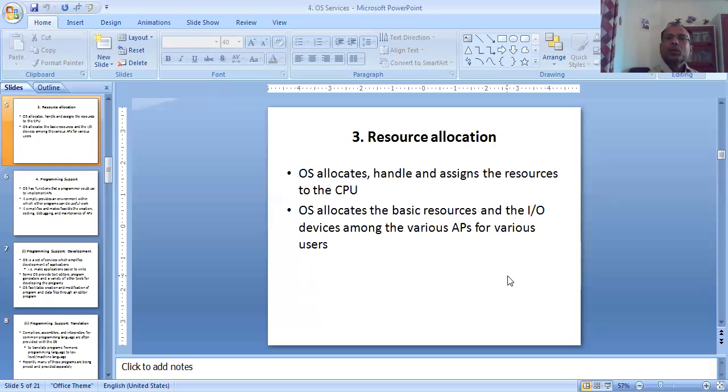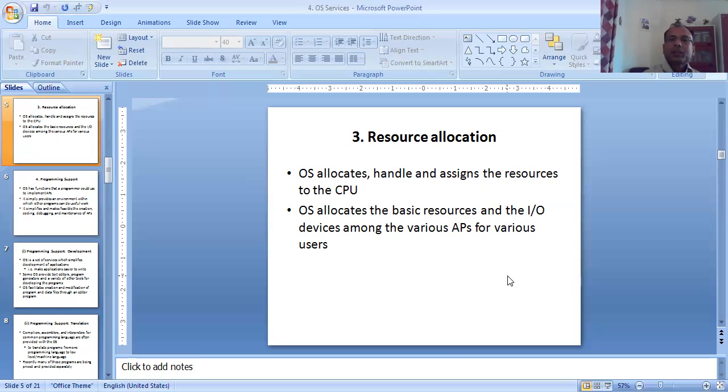Okay. So resources, as you know, any hardware or software used by the computer system or basically used by a program is the resource. So different running programs or different programs require different kinds of hardware or software, which will be provided by the operating system. So operating system does what?